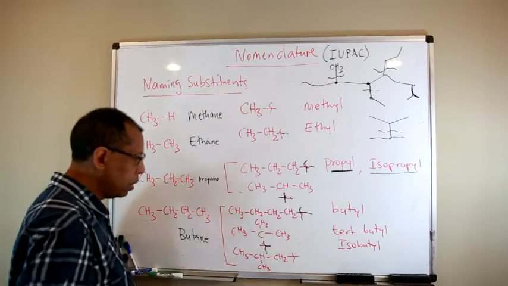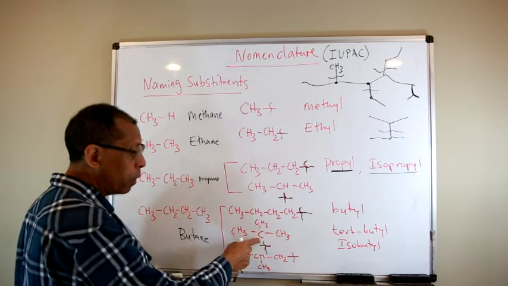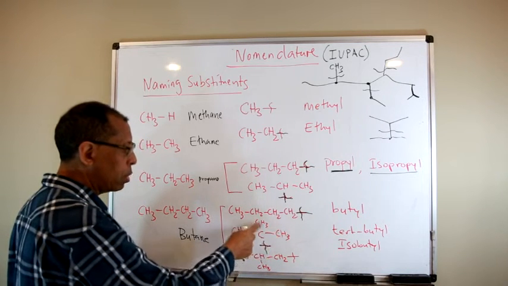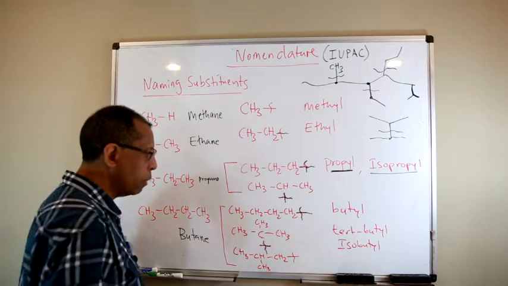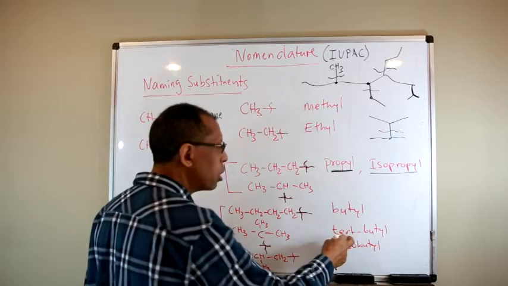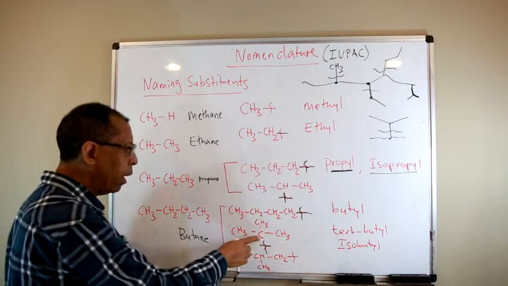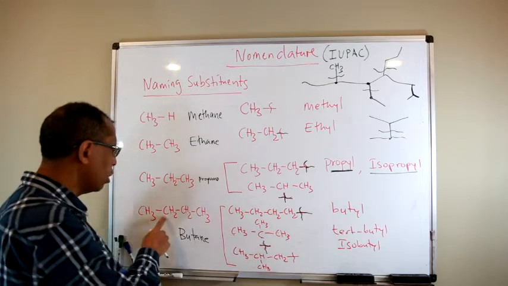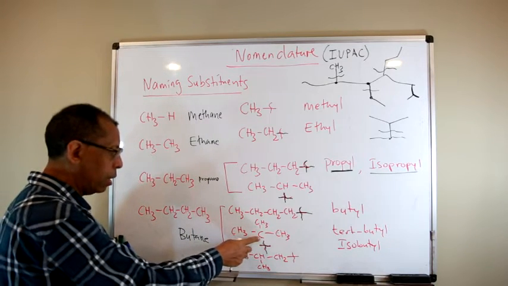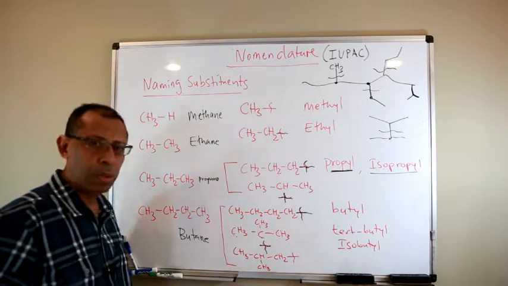That's how we branched it. This is now a tertiary carbon because it's attached to 3 carbons. So tert-butyl is the tertiary butyl group. That means all branched, and you are attaching it through the central carbon, and 3 of the carbons contain CH3 groups.